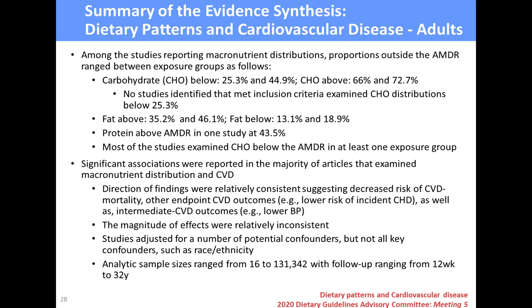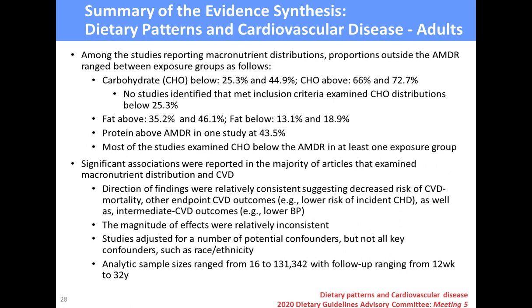Carbohydrate above ranged from 66% to 72.7%. No studies meeting inclusion criteria examined carbohydrate distribution below 25.3%. Fat above ranged from 35.2% to 46.1%. Fat below ranged from 13.1% to 18.9%. In one study, protein was above the AMDR at 43.5%.